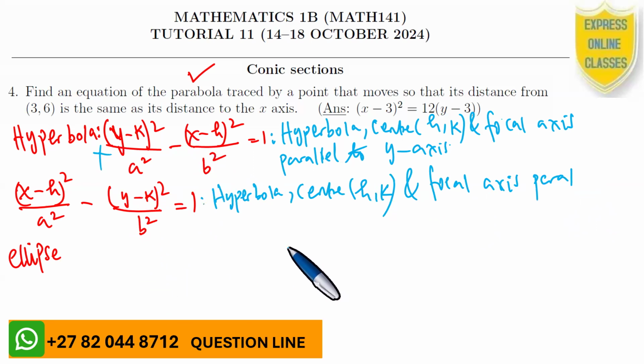However, you can remember that there's a parabola with center HK and focal axis parallel to the x-axis, because the x is associated with the positive.